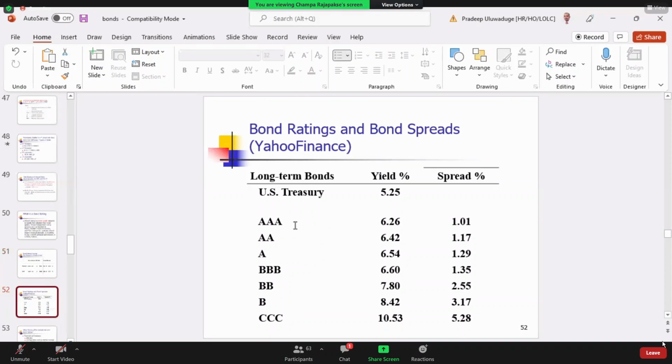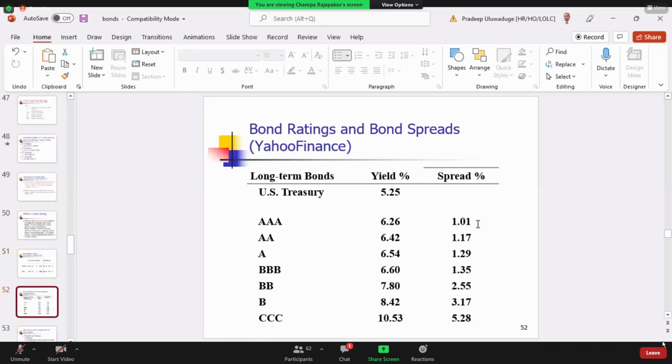Triple A yields 6.26; compared with 5.25, the spread is 1.01. Double A is 6.42, which gives a spread of 1.17. Likewise, we have calculated the bond spread from triple A up to triple C.